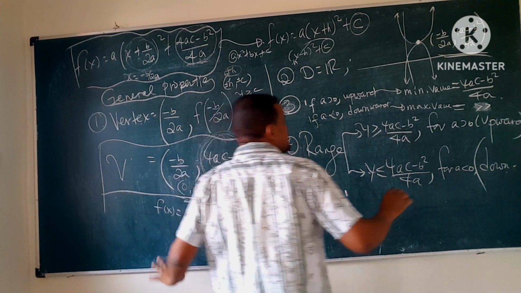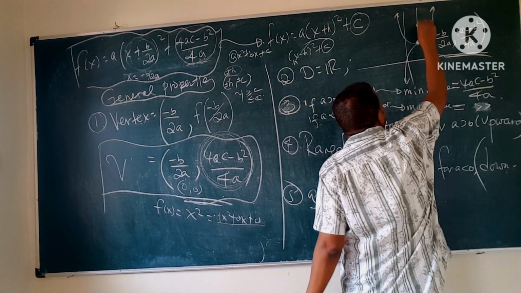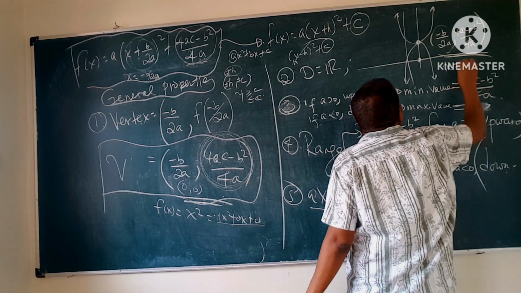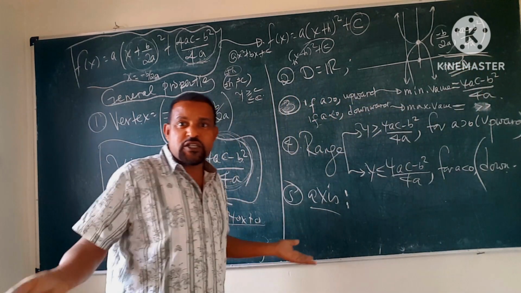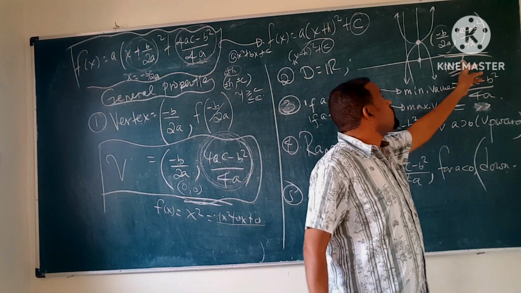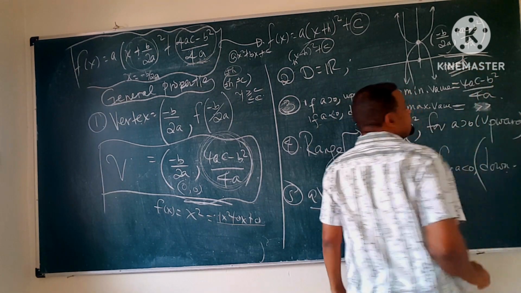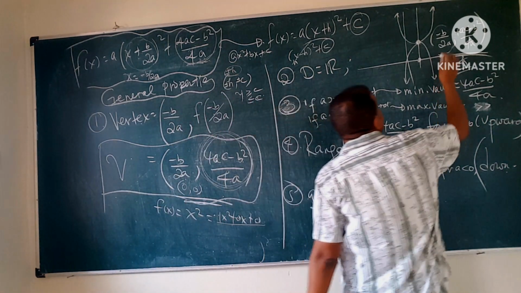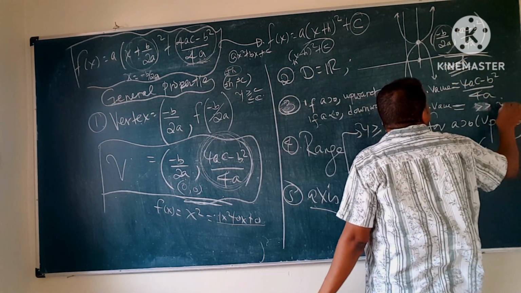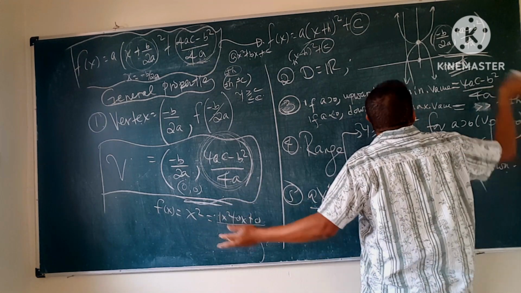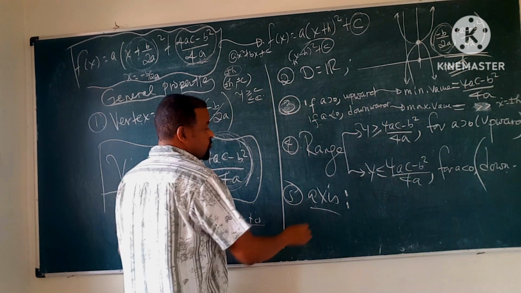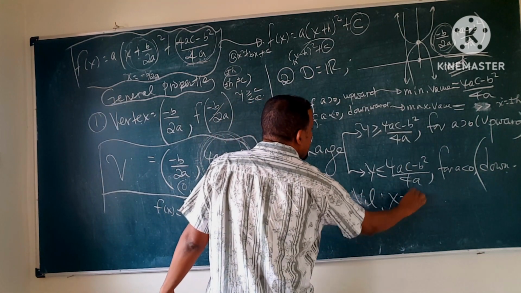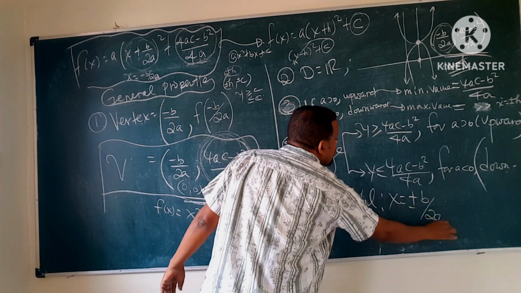What is the axis? Our axis is the vertical line passing through the vertex. It is the value that makes the squared term zero. The axis is x = h, so our axis is at h, which here is plus or minus of h. In our formula h is negative b over 2a, so our axis is the vertical line x equal to negative b over 2a.